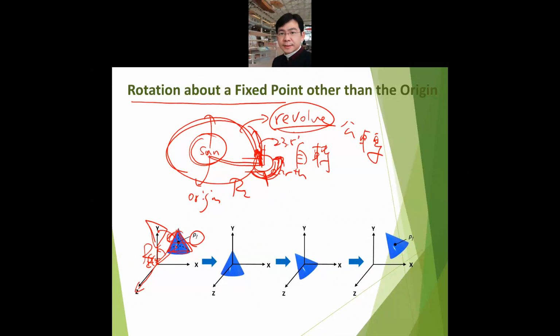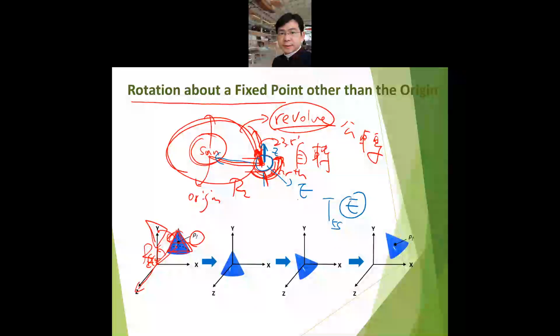Let's simplify this problem. We try to rotate around its own z-axis. The idea could be: if we already have the Earth here, we can use a translation to move it back to the sun, that is, the origin.